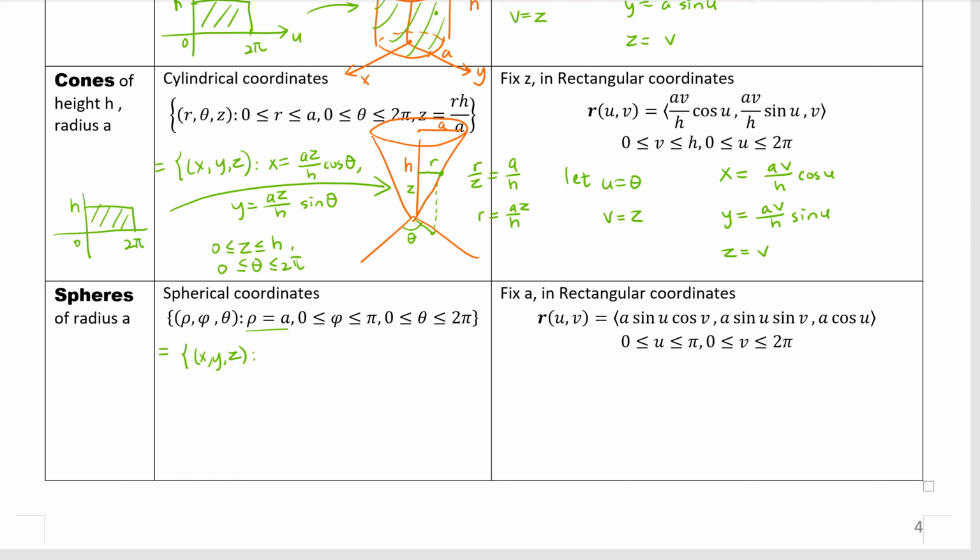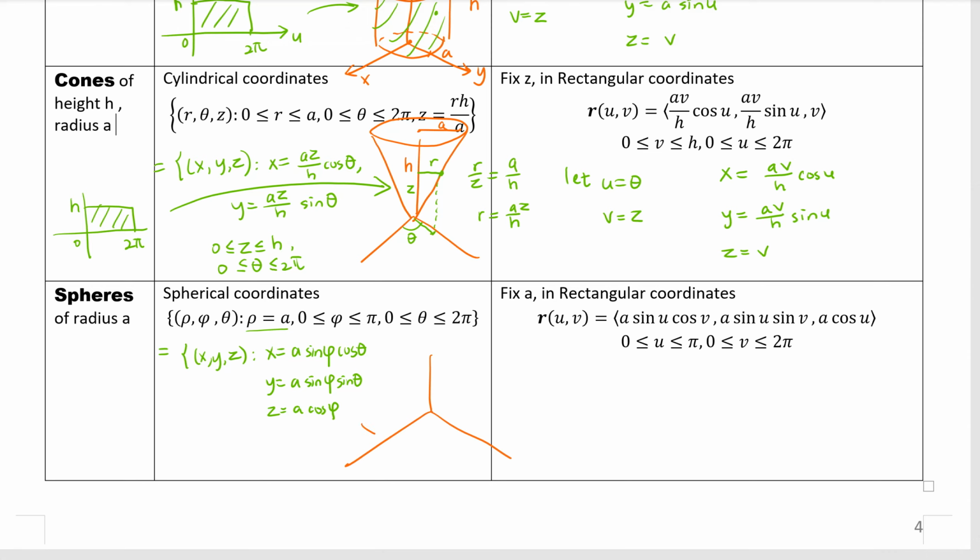If we express the spherical coordinates in terms of rectangular coordinates, we have x is rho sine phi cosine theta, so rho is a, and then we have a sine phi cosine theta, right? Y is a sine phi sine theta, because the r is a sine phi, right? And z equals a cosine phi.